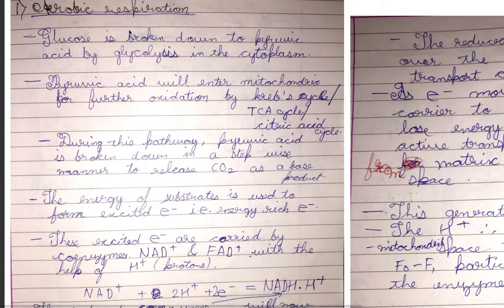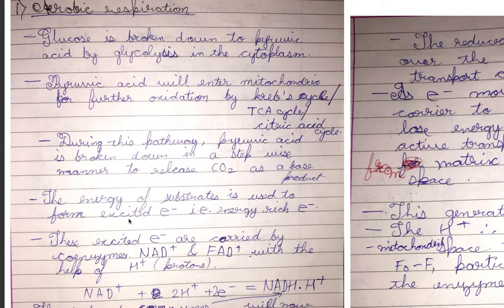Now, the function of mitochondria is aerobic respiration. Glucose is broken down into pyruvic acid by glycolysis in the cytoplasm. Pyruvic acid enters the mitochondria for further oxidation by the Krebs cycle, also known as the TCA or citric acid cycle. During the pathway, pyruvic acid gets broken down to release energy and CO2 as a byproduct.